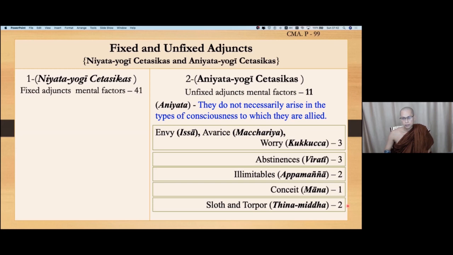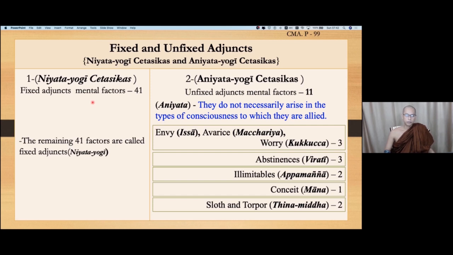They are prompted, thina-middha. So these are 11 unfixed adjunct factors. Sometimes they arise with the respective consciousness, and sometimes they are absent. That is why they are unfixed.